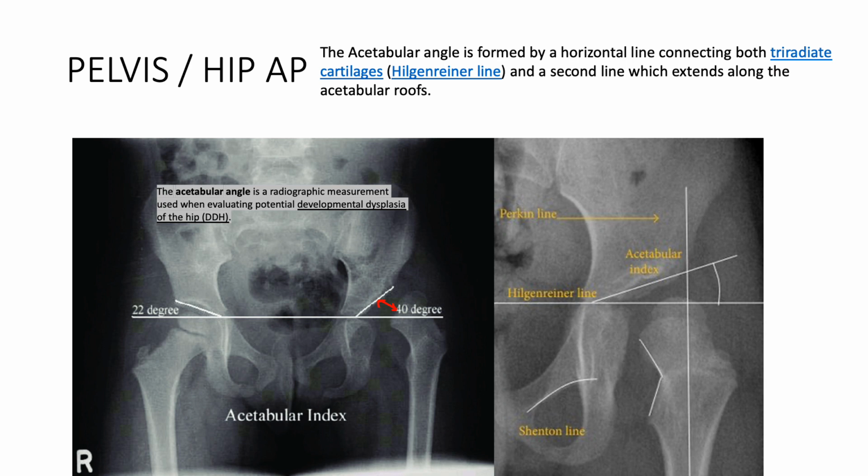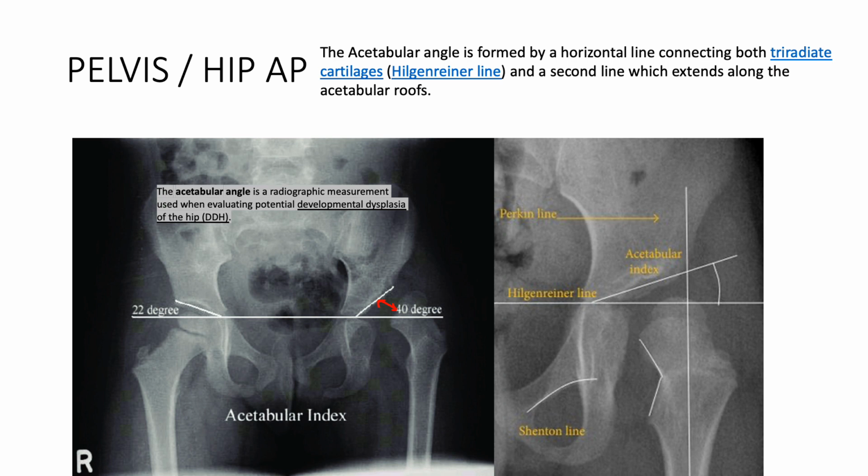This is where we draw a horizontal line across the tri-radiate cartilages. We call it the Hilgenreiner line, and a second line extends along the acetabular roof. This forms the acetabular angle or index. For a normal hip, it is usually less than 22 degrees in this young age group.